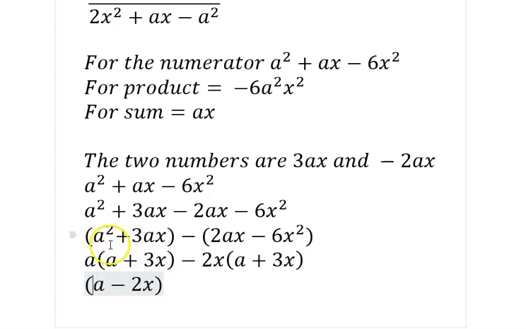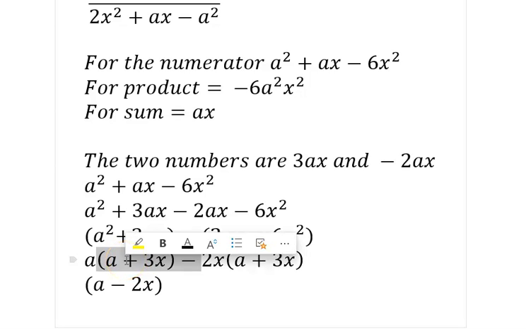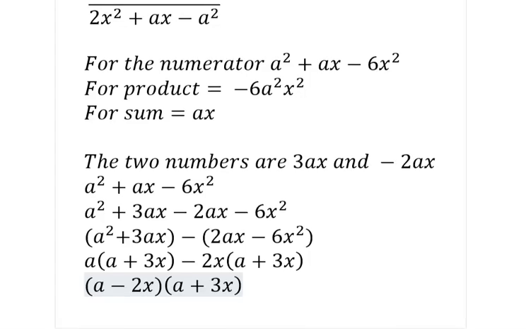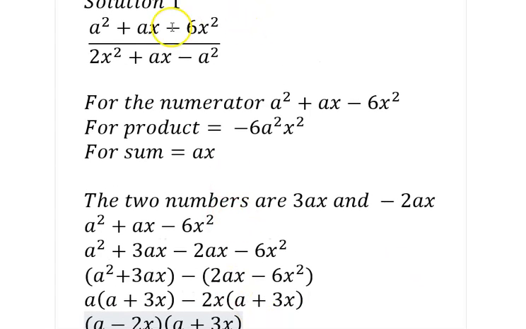Then you just pick one of these two, because this and this, they are common. You just pick one of them, a plus 3x. Beautiful. So that means we've been able to factorize the numerator. So you can now put, instead of this value here, we put what we have here.